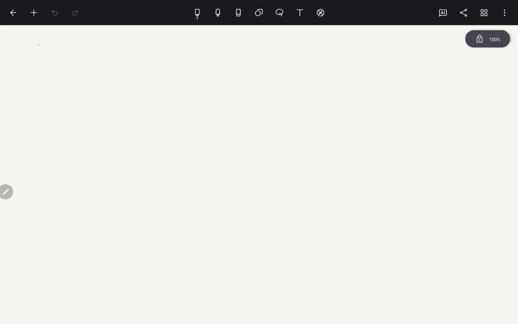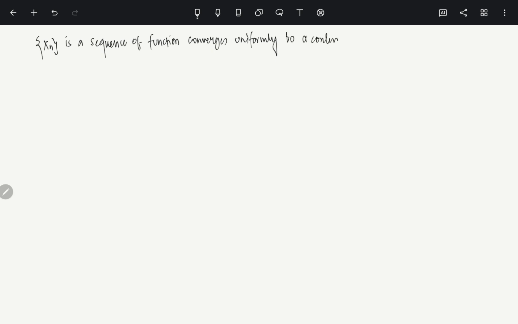You see, x_n is a sequence of functions, and we have shown that this is Cauchy, so it converges uniformly to a continuous function x from I to R^n.